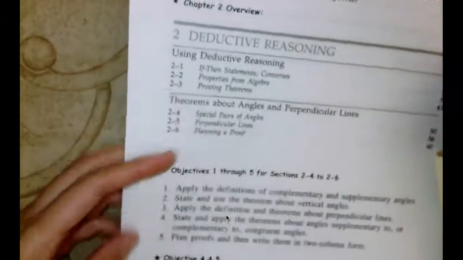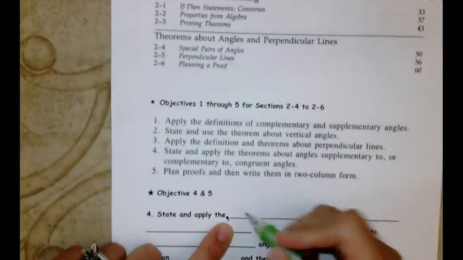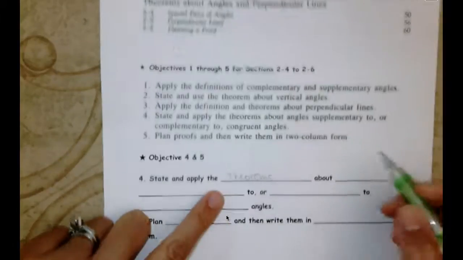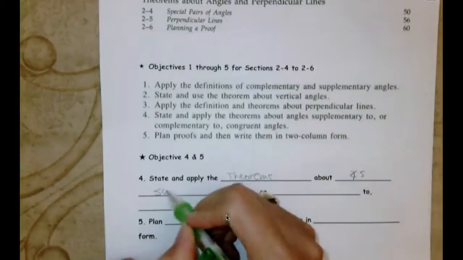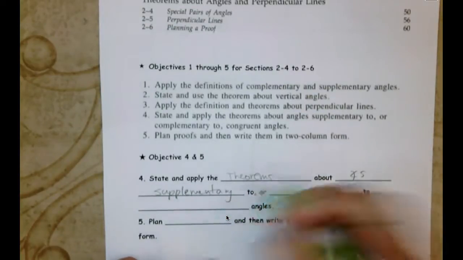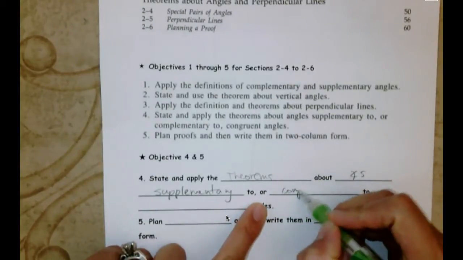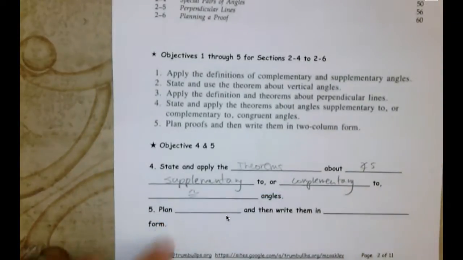Okay, planning the proof. Objective 4 is to state and apply the theorems about angles supplementary to or complementary to congruent angles.